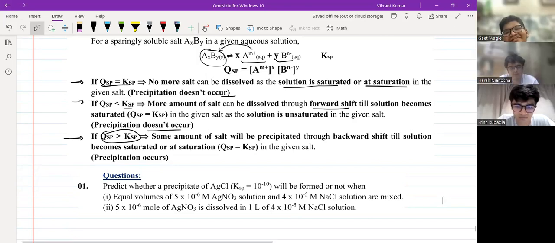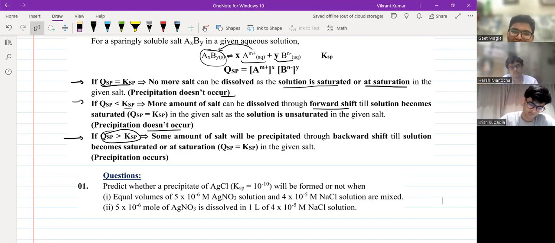What is the difference? Sir, in one there is mixing and in the other there is dissolution. Okay, in the first case we are mixing two solutions. I told you that whenever we mix solutions, we need to calculate the concentration just after mixing, and that becomes the concentration we work with.